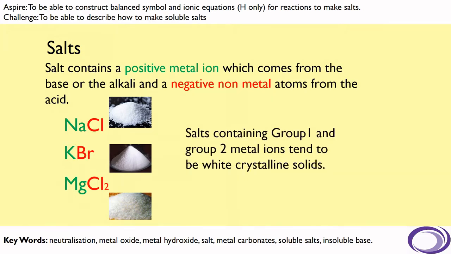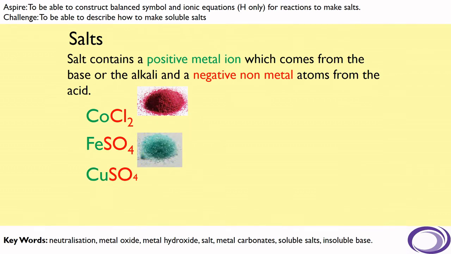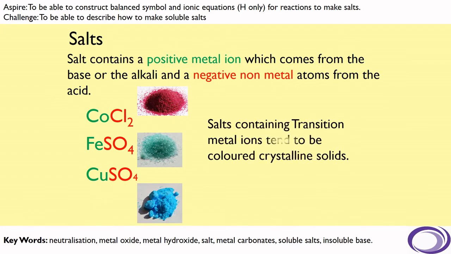Salts containing group 1 and group 2 metal ions tend to be white crystalline solids. However, in the cases of cobalt chloride, iron sulfate and copper sulfate, these salts contain transition metals from the middle section of the periodic table, and they are coloured crystalline solids.